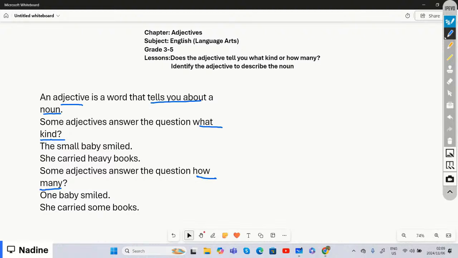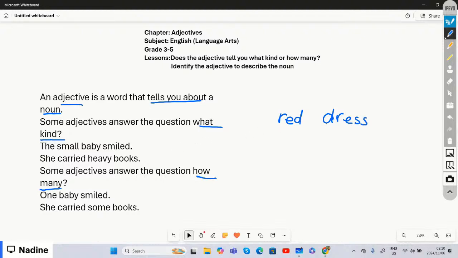If we have a noun, for example the dress, the adjective describes the dress. So we can say beautiful dress, or the red dress, or whatever color dress.